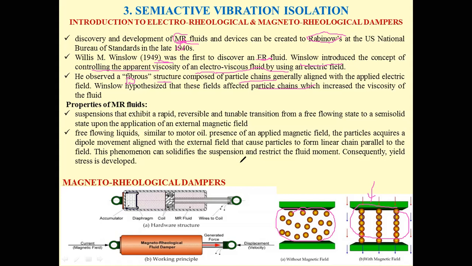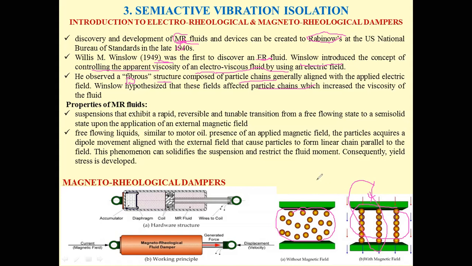In particular, the particles are very small and at sufficiently low concentration to allow the fluid to maintain a relatively low viscosity in the absence of an electric field. So if there is no electric field, or we can say magnetic field, then there is very low viscosity.